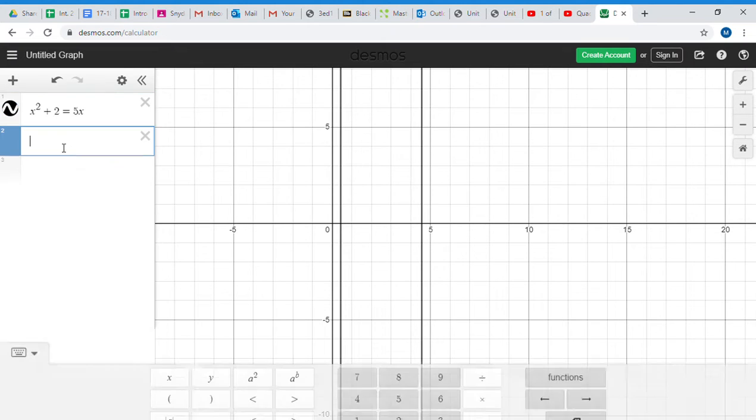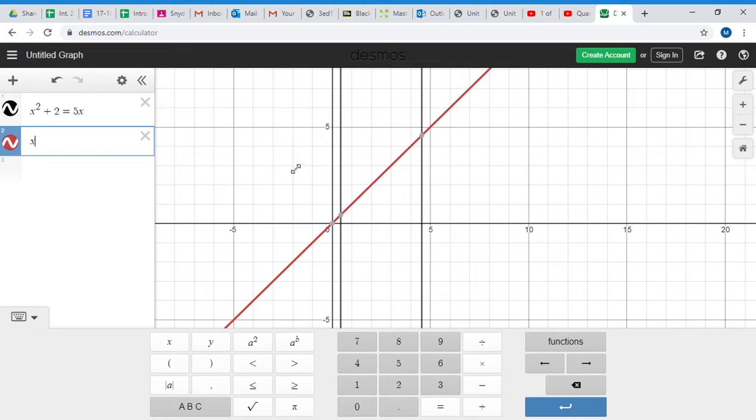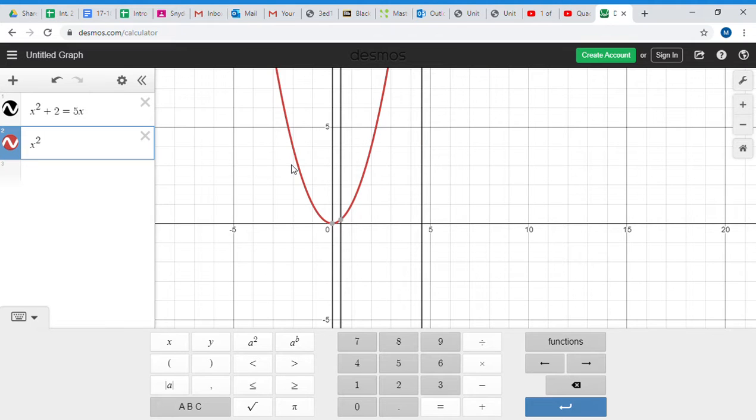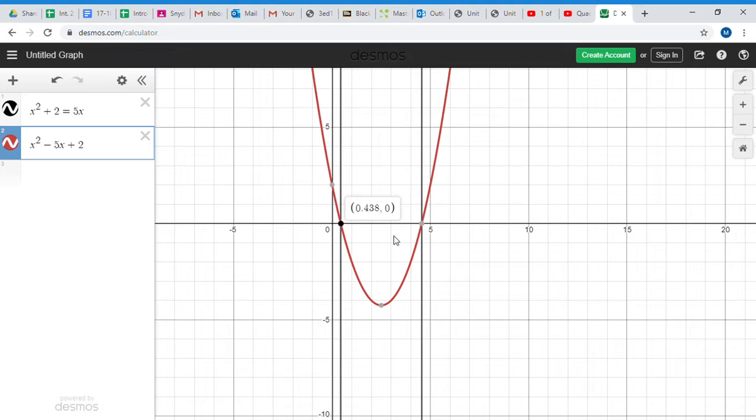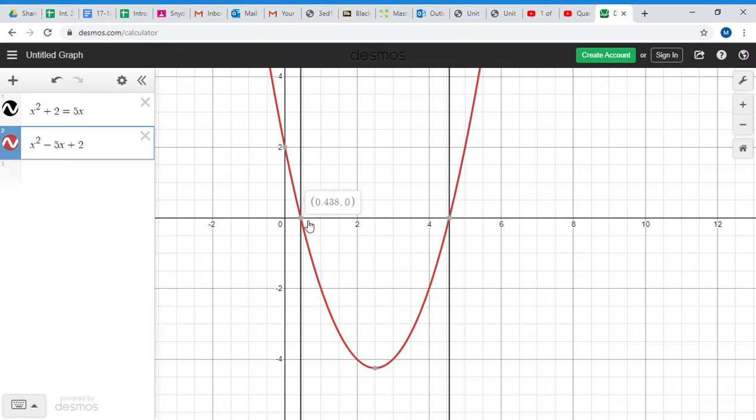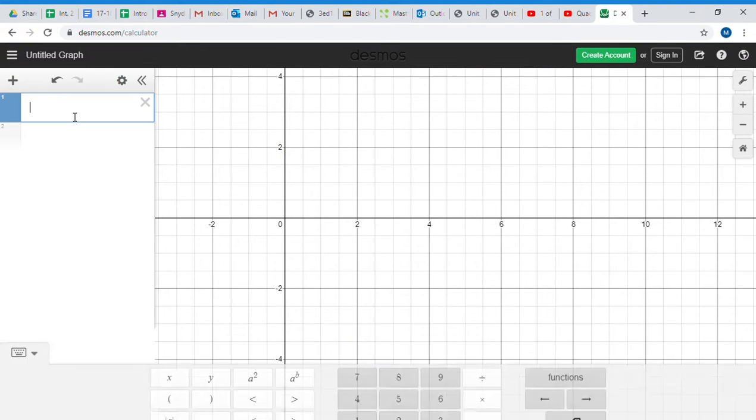But if I did put it in standard form, if I put it as x squared minus 5x plus 2, I would still get the same answers. I want you to notice this here, it does not matter if I put it in standard form or if I put it in the way that it's written out in the problem. Desmos is really great about that, okay? So that was problem 2.